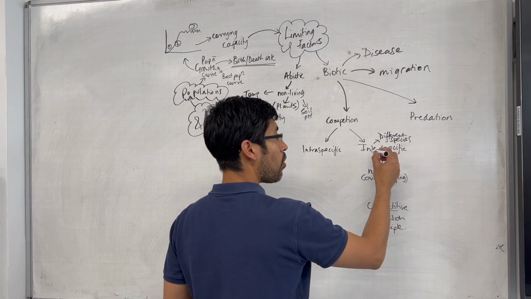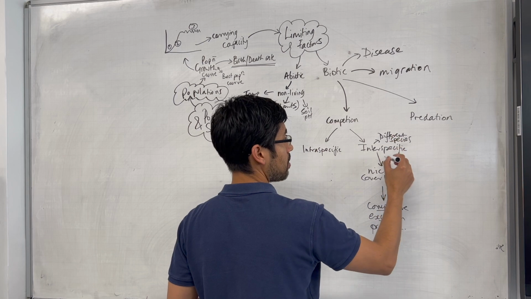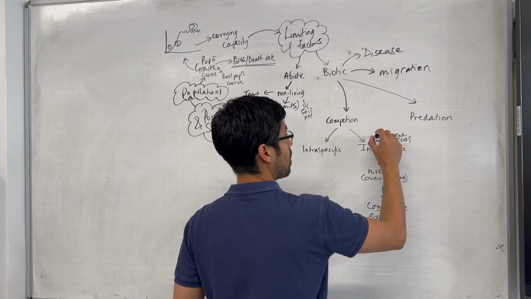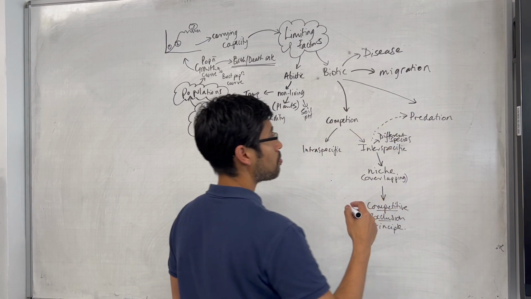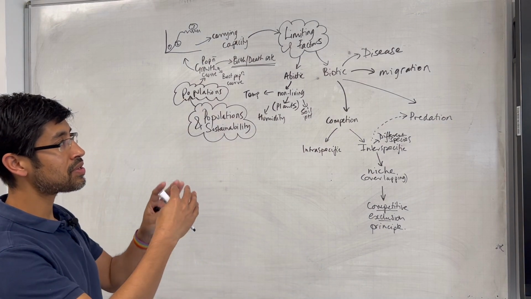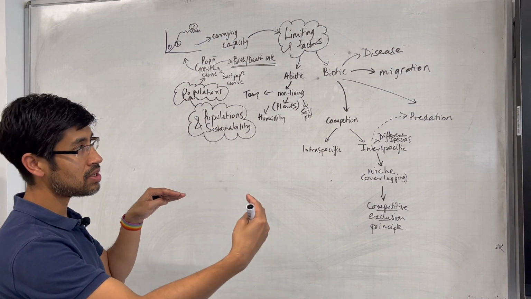One example of, or a kind of, interspecific competition is in fact predation, because it does look at the interaction between two different species.